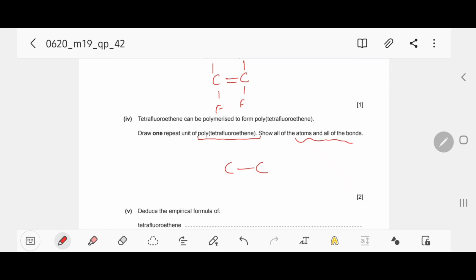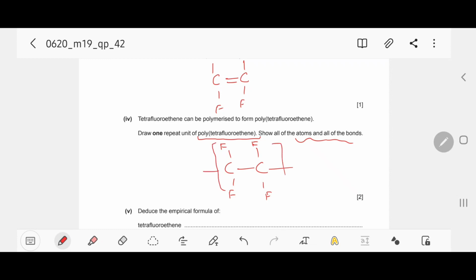Poly means we will join other tetrafluoromethane molecules to make a polymer, and to join other molecules, the carbon double bond will be opening. So we will draw this one again, and we will open it. And remember, at the last, don't forget to draw the continuation bond.